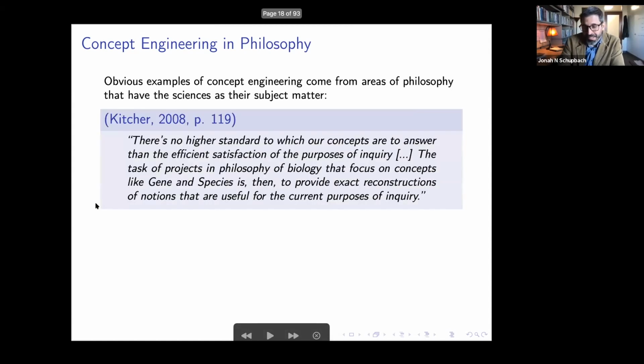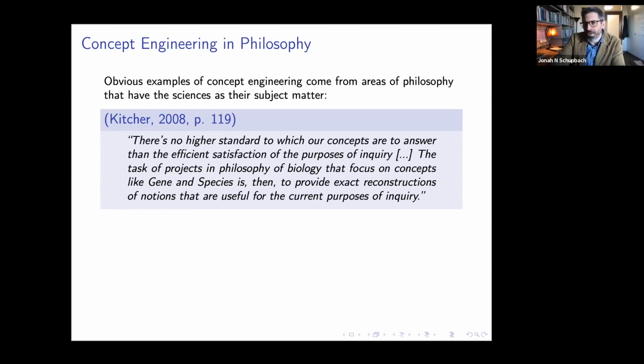So Philip Kitcher, for example, writes, when he's talking about concept engineering in philosophy of biology in particular, there's no higher standard to which our concepts are to answer than the efficient satisfaction of the purposes of inquiry. The task of projects in philosophy of biology that focus on concepts like gene and species is then to provide exact reconstructions of notions that are useful for the current purposes of inquiry.